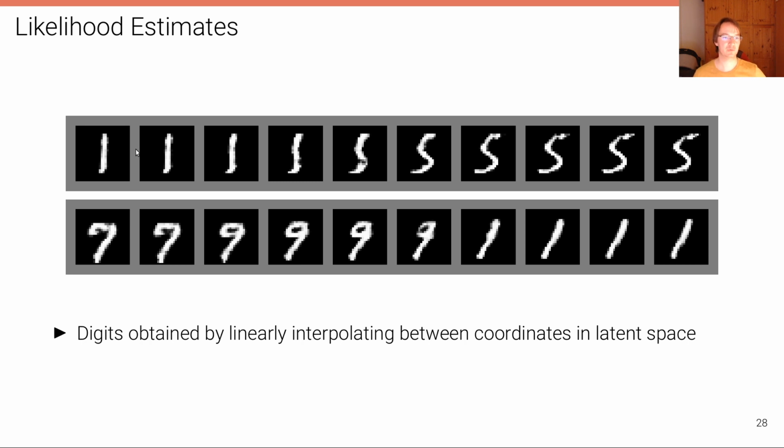Here we're going from a 1 to a 5, and you can see how the 1 slowly morphs into the 5. Here on the bottom, we go from a 7 over a 9 to a 1. These are illustrations that you're going to see frequently when you're reading papers on generative models.